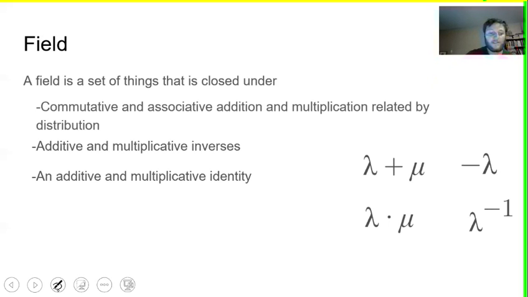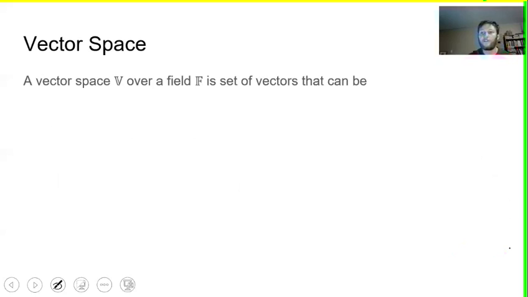So this is the important bit, that you can take the inverse of everything in a field. There are some other field axioms that you've got to satisfy, like associativity and commutativity, identities and stuff. But mainly you just need to know that a field is a place where you can add and multiply numbers. And we're going to use a field to study what a vector space over a field is.